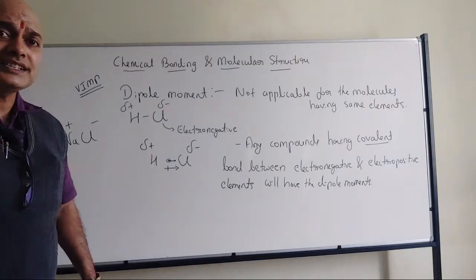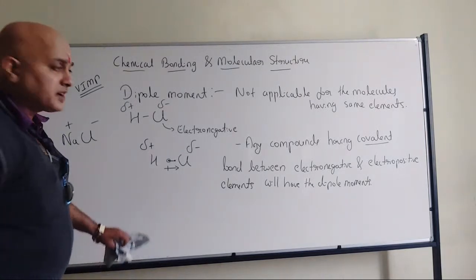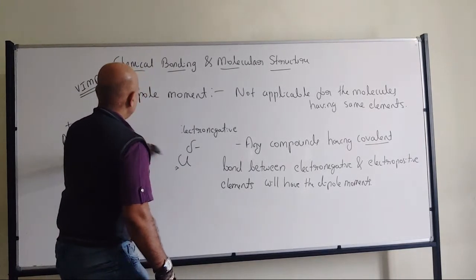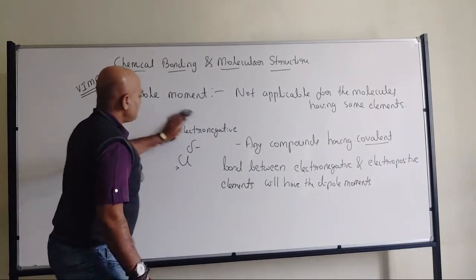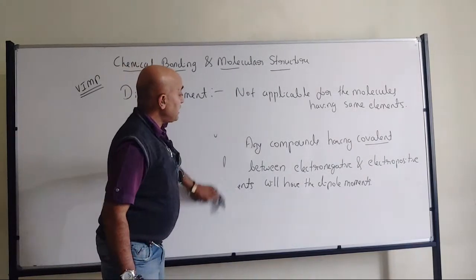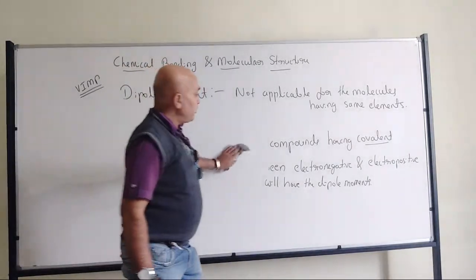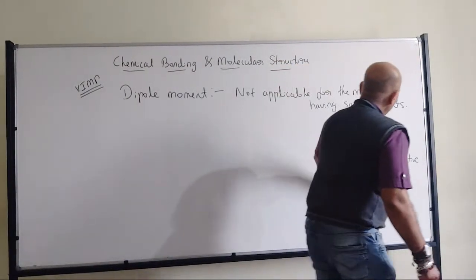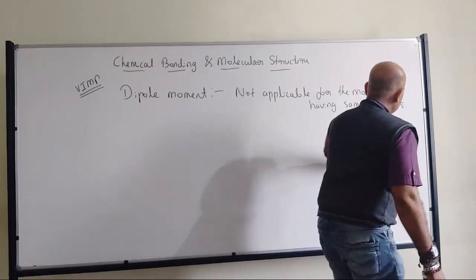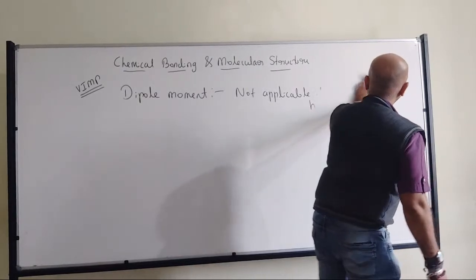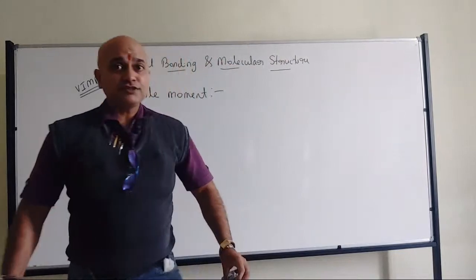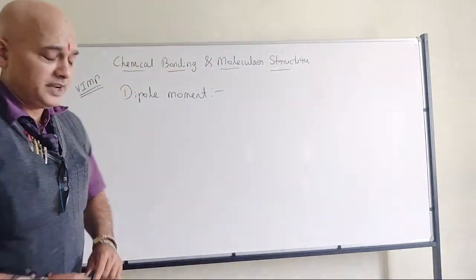Okay. I have taken the example of HCl. This is where we can find in which type of compound dipole moment will be observed, and in which type it will not be present. That's what we have discussed. We will come to the next one in dipole moment only.